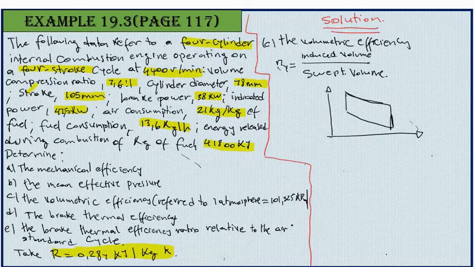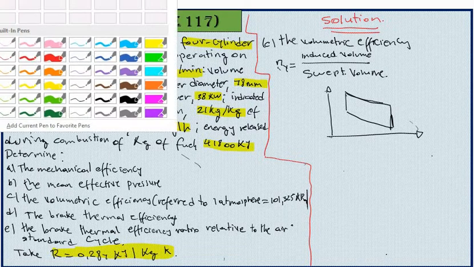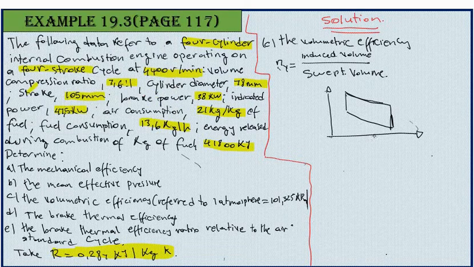The swept volume is the volume from that point to there. So it's basically the volume described by the piston displacement. That is called the swept volume. It's also symbolized by Vs.